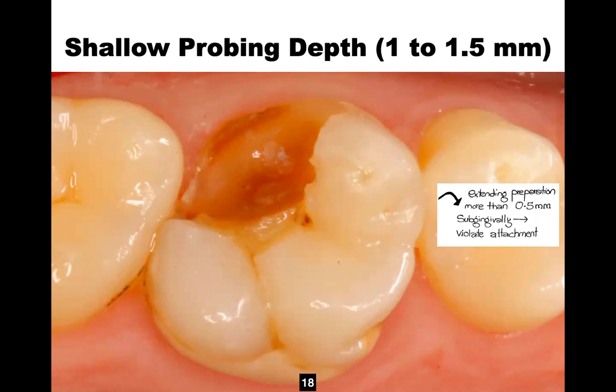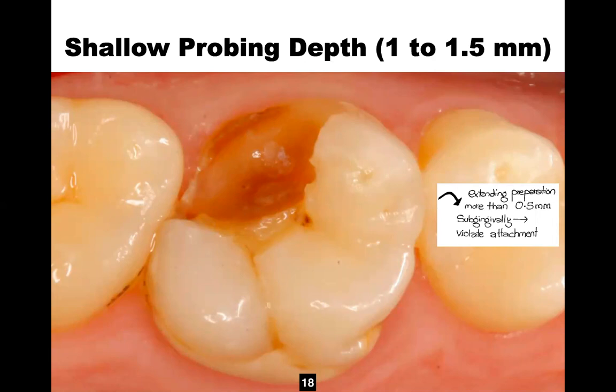Why so? Because you have to make sure you include and respect the biologic width, and if not, you have to create some, so that your future crown will not hinder your biologic width. I hope you're understanding a tad bit from this. This particular case has a shallow probing depth, so it is recommended that extending the preparation more than 0.5 mm subgingivally will eventually violate your attachment, right?